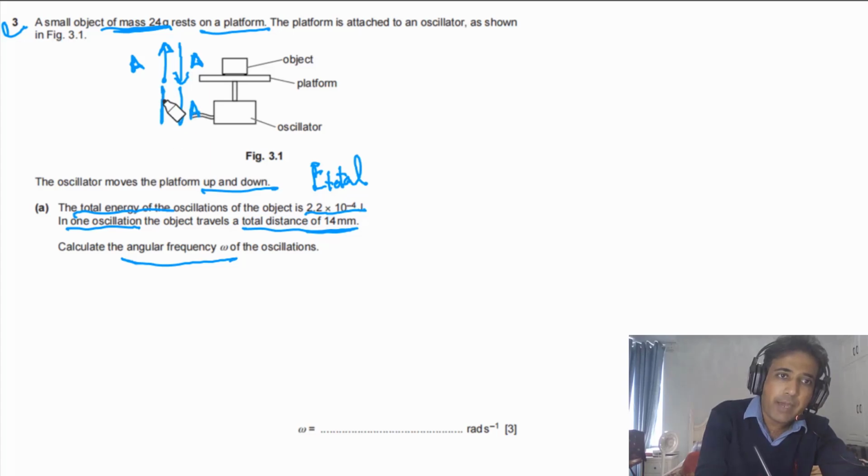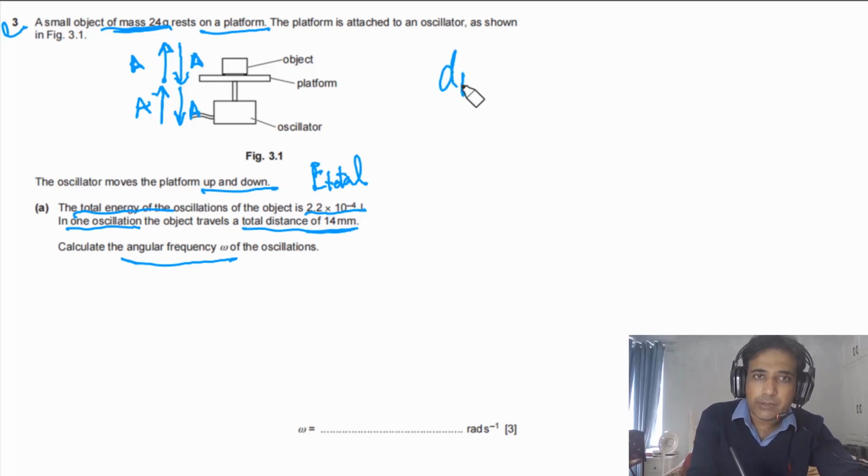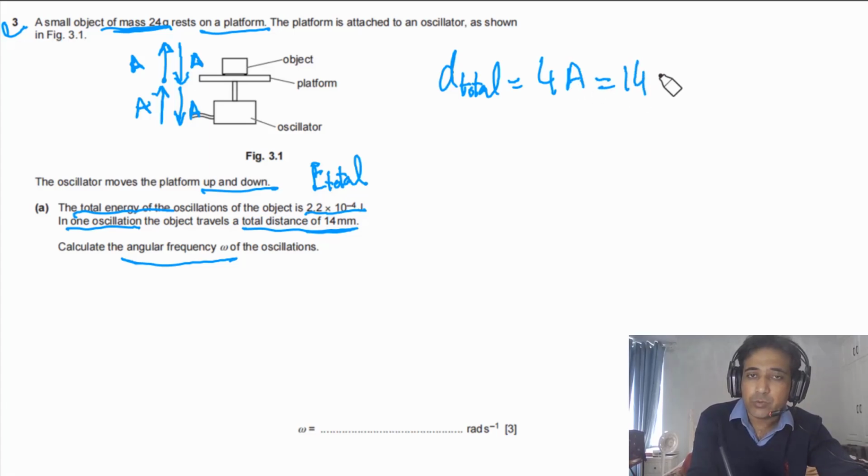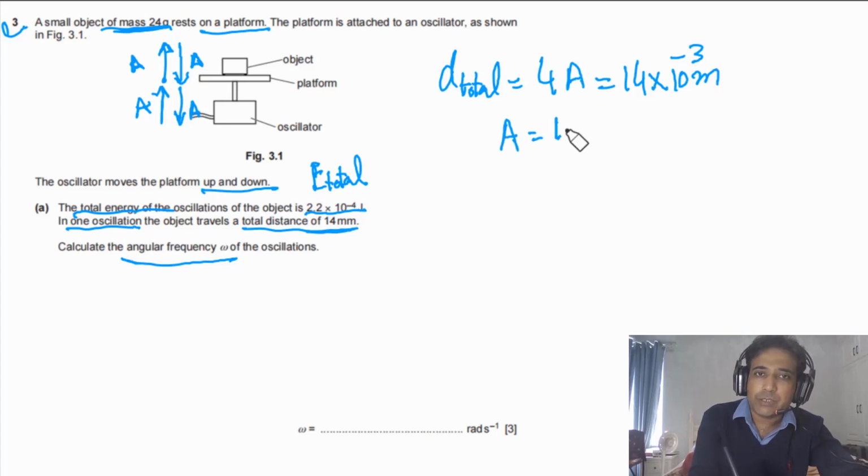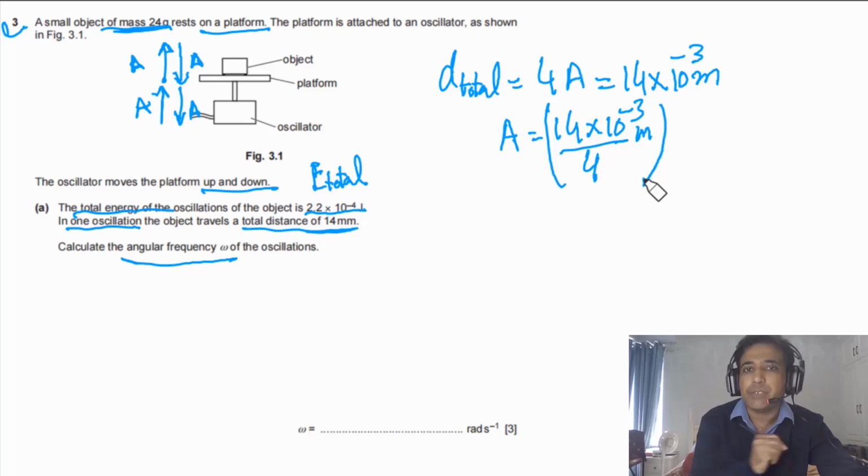Then it comes back to equilibrium again. So from here we can say D total is equal to 4 times the amplitude. The total distance is 14 millimeters, meaning 14 times 10 to the minus 3 meters. So amplitude is equal to 14 times 10 to the minus 3 divided by 4. Here the unit is meter.